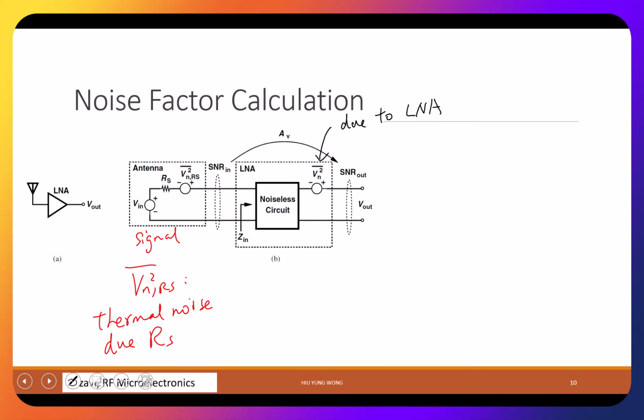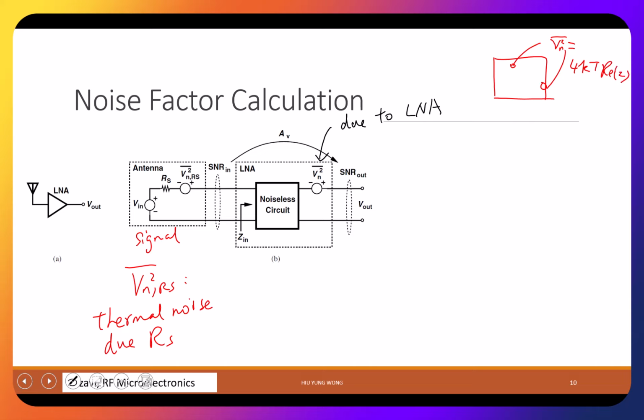If you remember earlier, we had a theory that if you have a two-port network and you look in, then the noise equals 4 kT times the real part of the impedance.